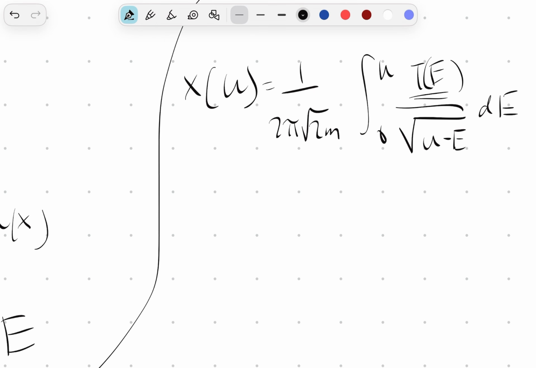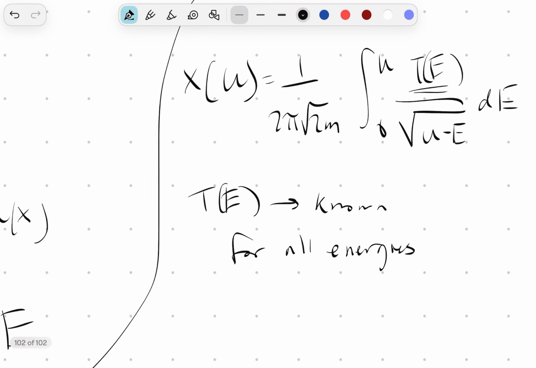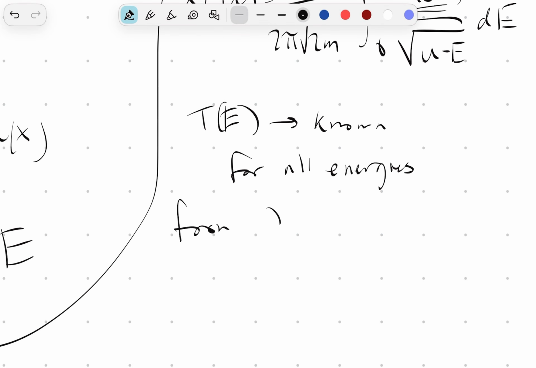And you'll find that the period T of E is known for all energies from 0 up to u.